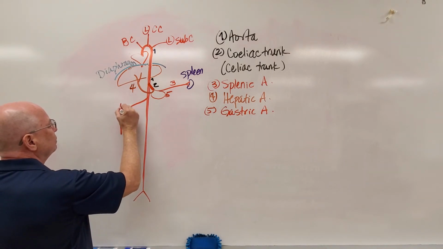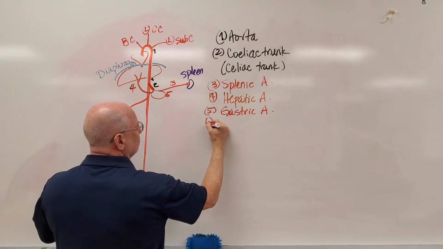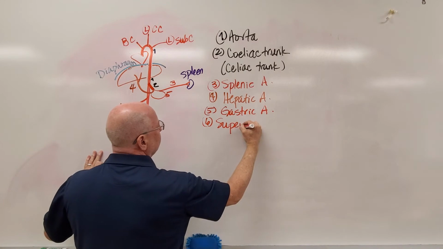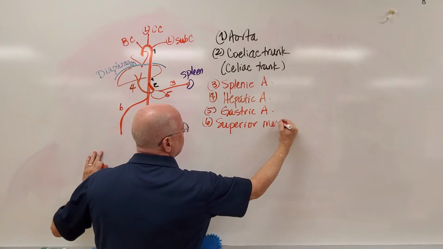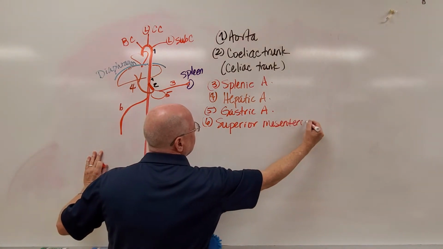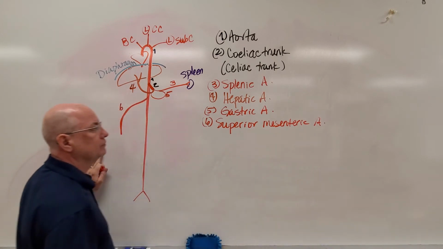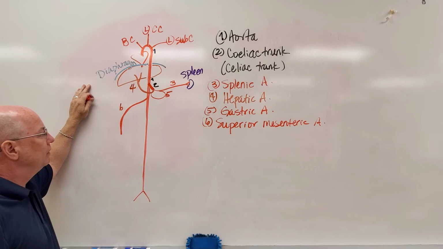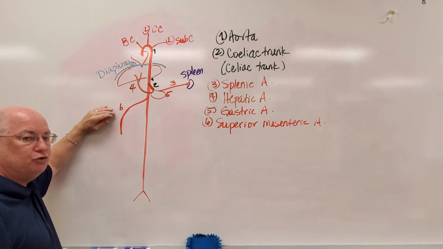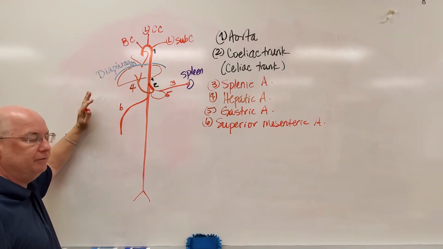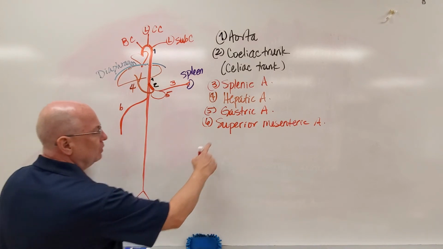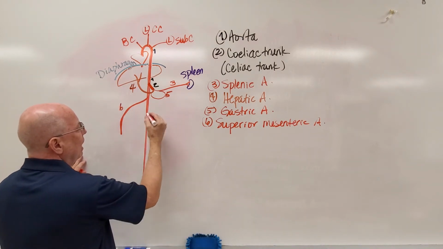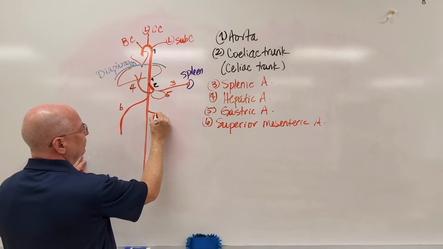So this blood vessel is going to be called the superior mesenteric artery. Okay? Anytime you have a superior, there's going to be an inferior, but we don't get to that yet. There's only one superior mesenteric artery.